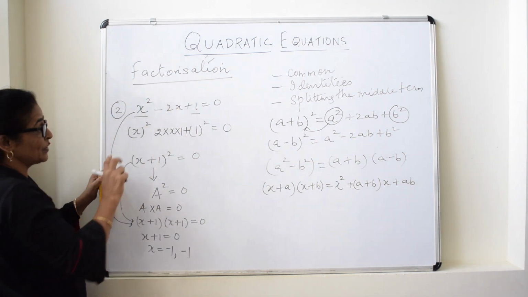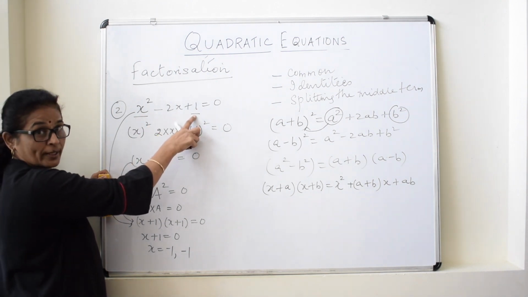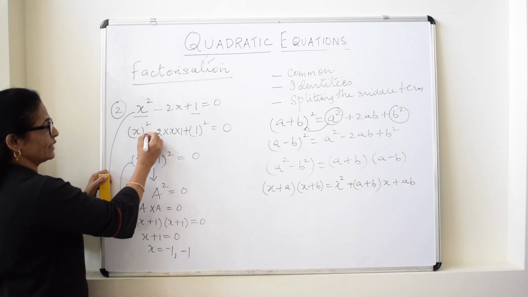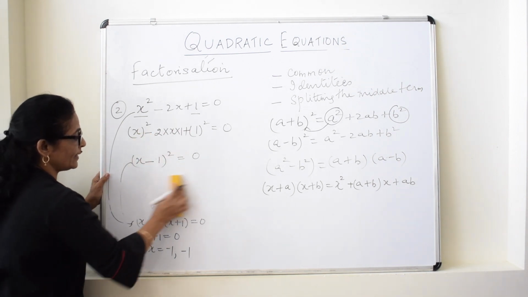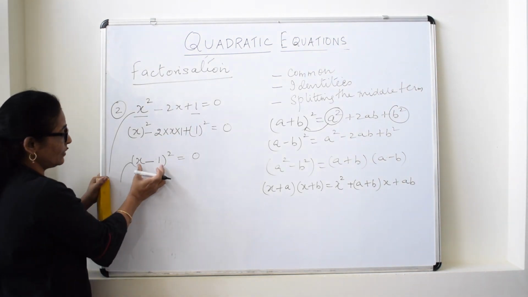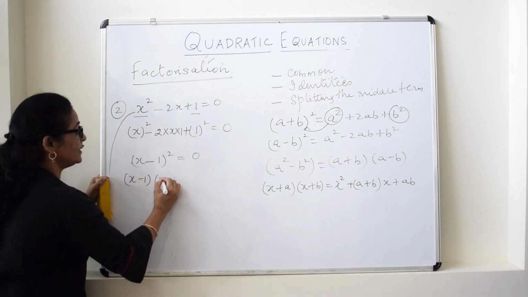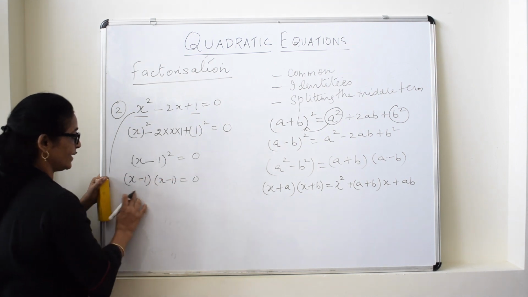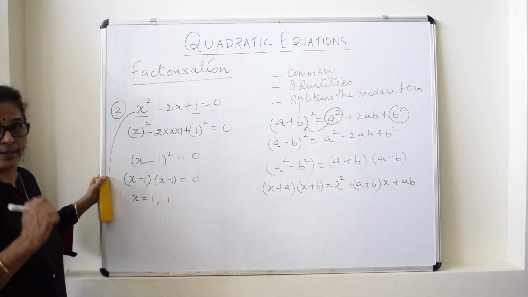Whenever this is given as a square minus twice ab plus b square, ultimately this will be the expansion of a minus b the whole square. Now in this case, when you rewrite it in the form of the linear factors, the value of x is 1.